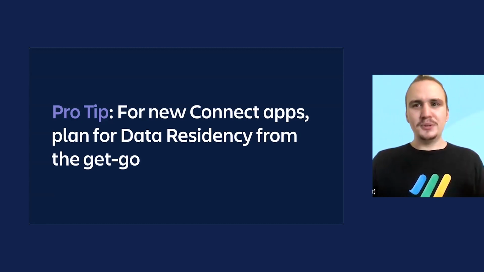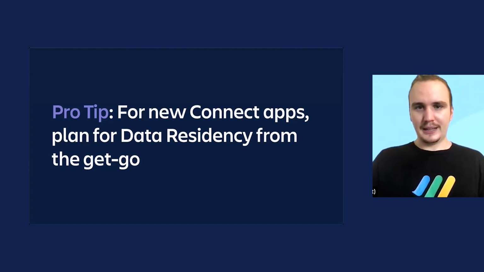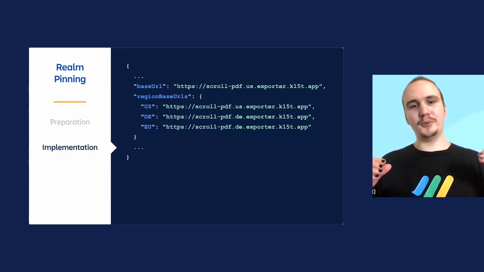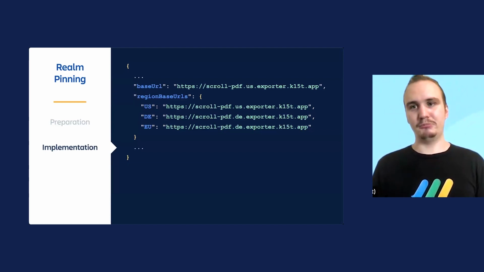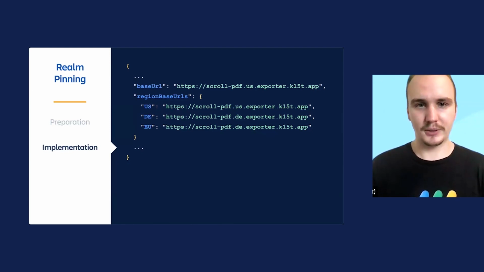Okay, so why is this region in the URL even needed? This comes down to how you announce to Confluence or Jira that you support realm pinning. For each realm that you want to support, you need to add the realm URL to this new region base URL object that you can see here.